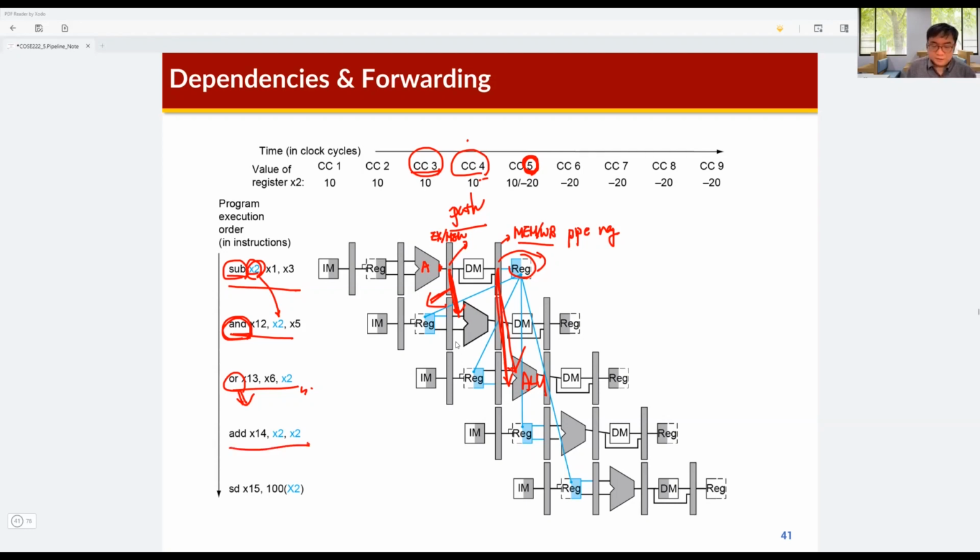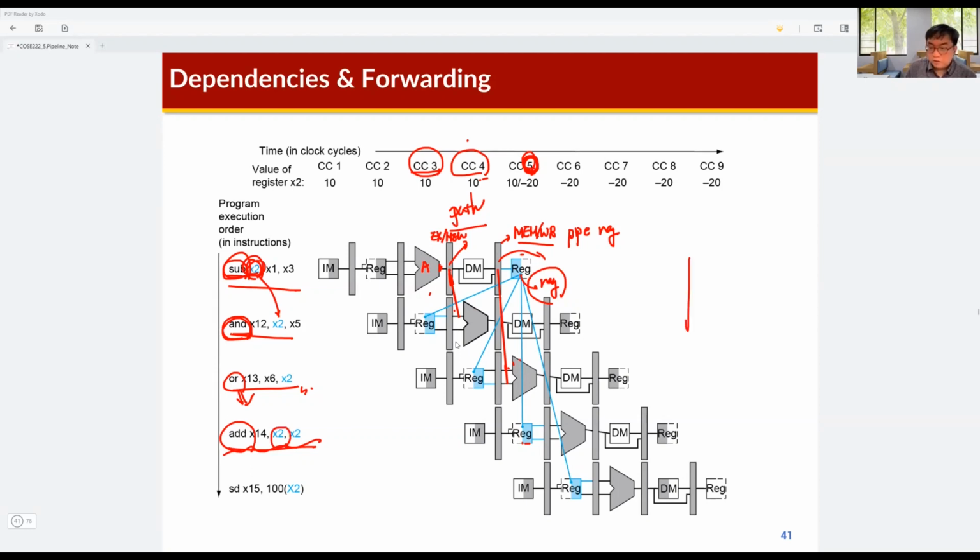And how about this add instruction? If you see the timing of the sub instruction and the add instruction, at clock cycle number 5, the result of the sub instruction is being written back to the register. And the add instruction is reading data from this register file with the same register number.